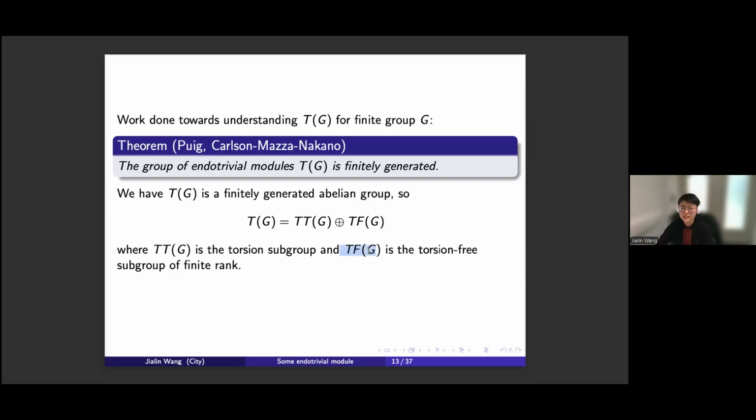The torsion-free subgroup is not unique, but its rank is unique, is well defined. So to study TG, one approach is to understand the rank of TFG, what the torsion subgroup TTG is, and what the generators for the torsion-free part are.